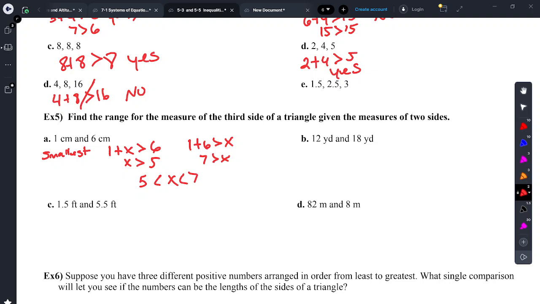All right, try B yourself, please. X plus 12.